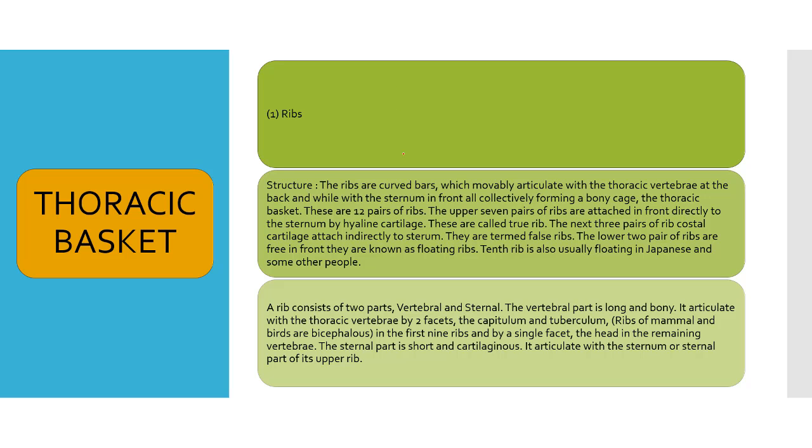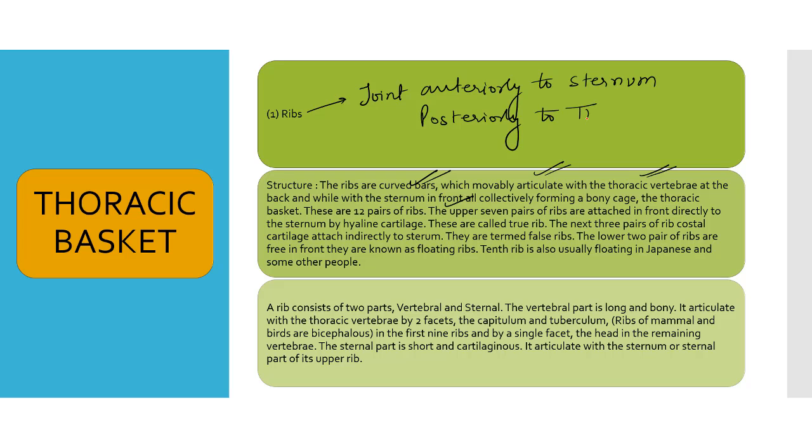Ribs are basically curved bars which movably articulate with the thoracic vertebrae at the back while with the sternum in the front. So ribs join anteriorly to the sternum and posteriorly to the thoracic vertebrae. And they form a bony cage known as what? Thoracic basket or thoracic cage.